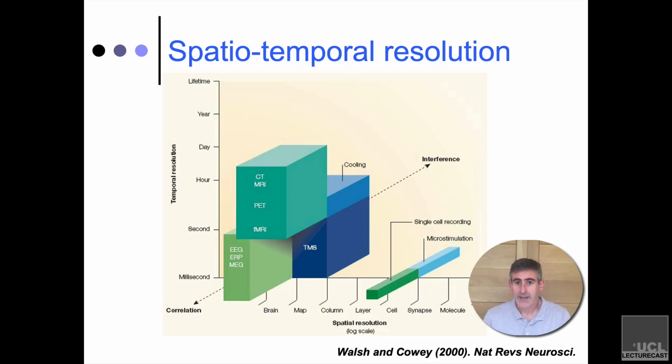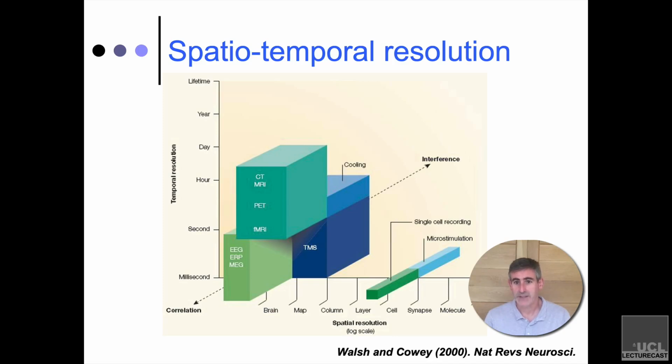fMRI, on the other hand, has poor temporal resolution, and that's because of what we already talked about, the fact that the signal that we're measuring is based on blood flow changes, which are reasonably slow, on the order of seconds. So despite the fact the interesting neural changes are happening on the milliseconds, the changes that we can measure with fMRI are much slower than that.